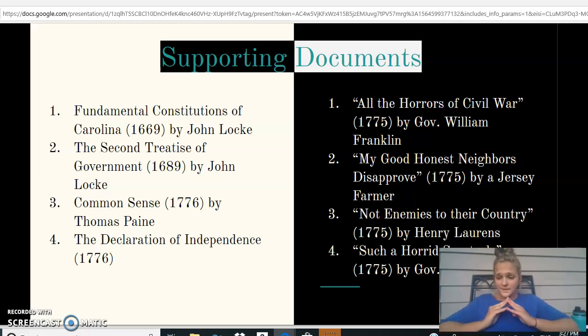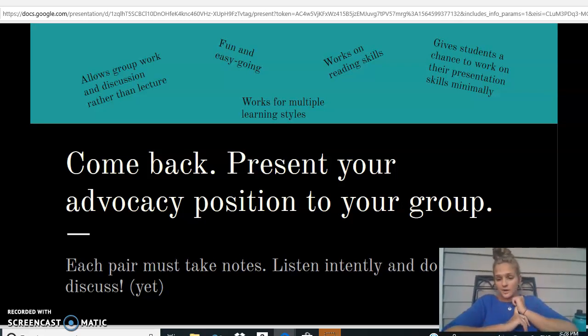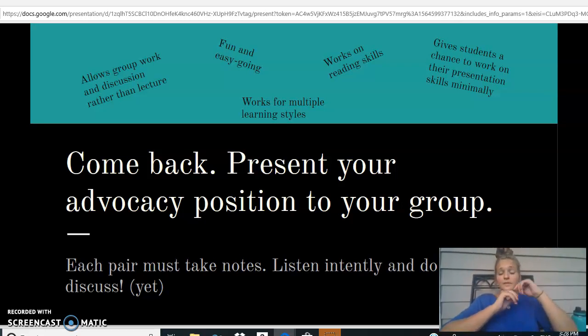They will come back together and present their position to the group entirely. For the people listening while the other half of the group is presenting, it is important that they know they can't talk or discuss anything until they're all done, and that they need to take really good notes.